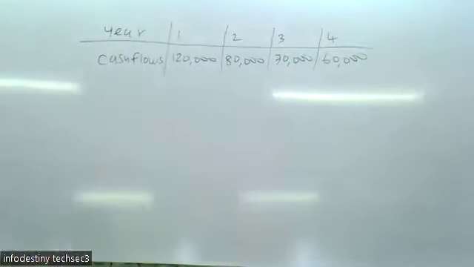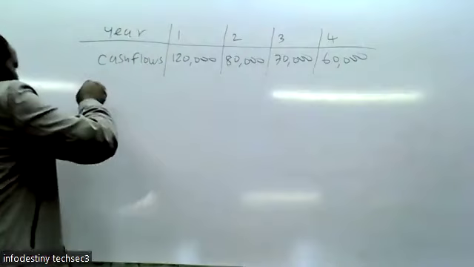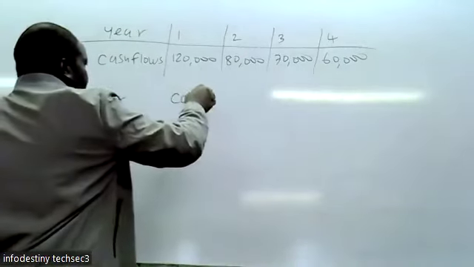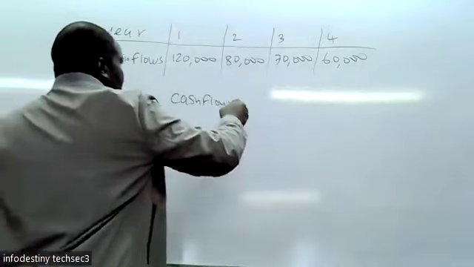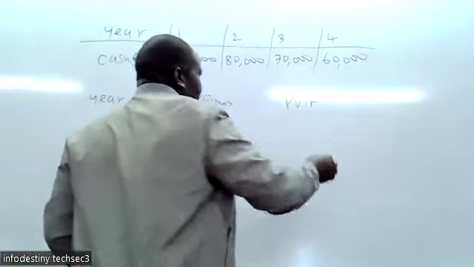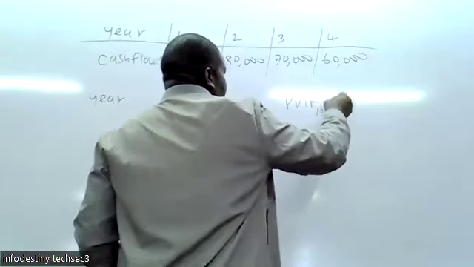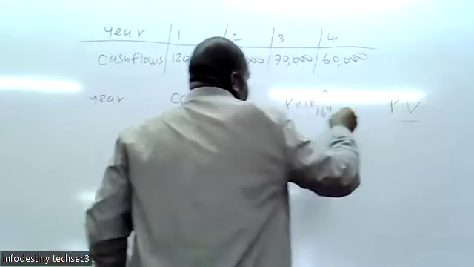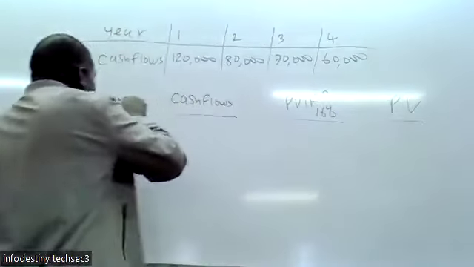So now we use the table because I've told you how we can apply the table. So what we can do now, we create this schedule: the year, cash flows, and present value interest factor at 16% for each period, so that we get the present value.